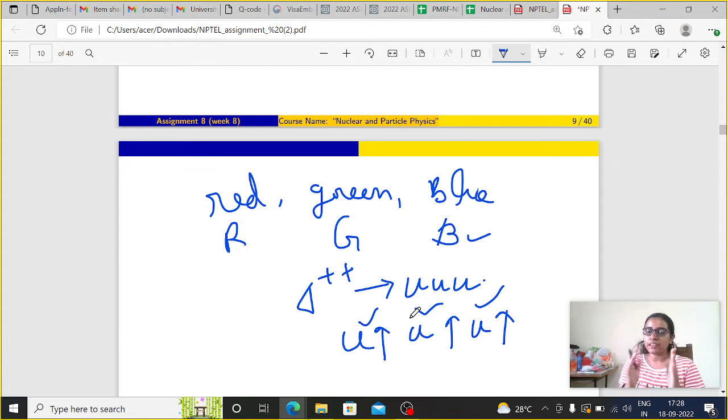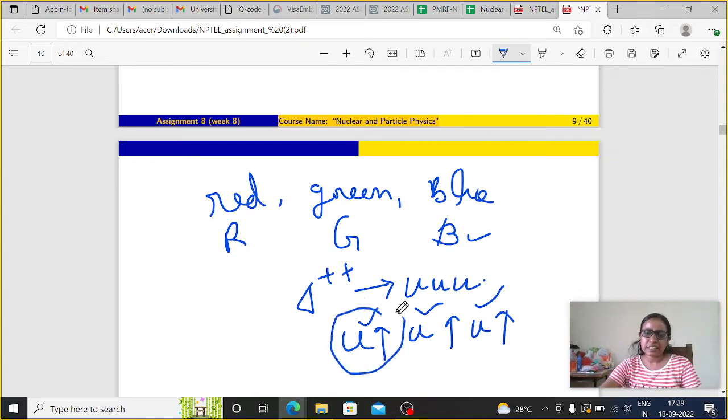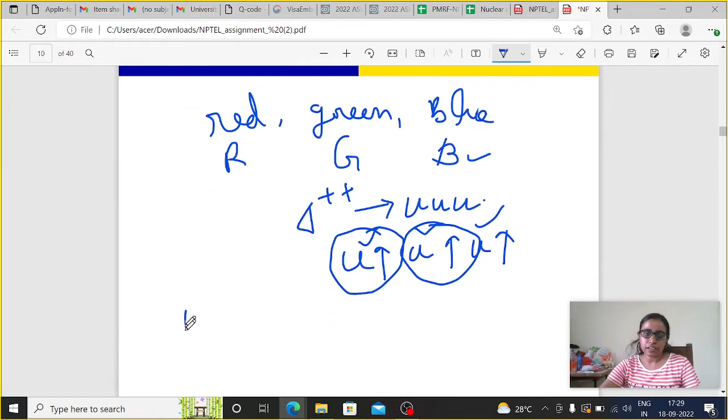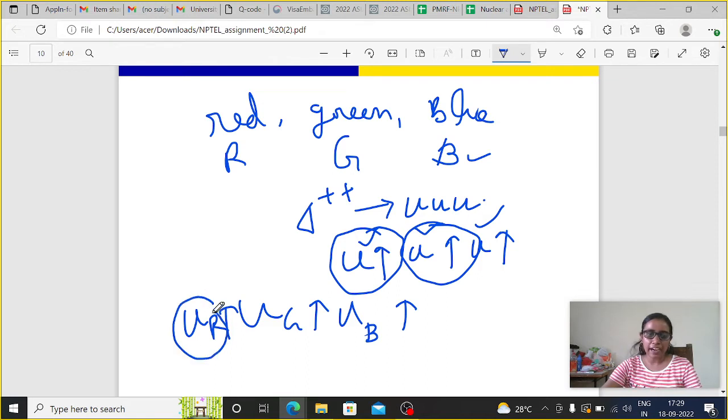But if we don't want to violate Pauli exclusion principle, we have to do one thing. Pauli exclusion principle says that no two identical particles will be in the same state. So we make these non-identical. How do we do that? Let's say UR, UG, UB, and we are saying that UR and UG are not the same particle.